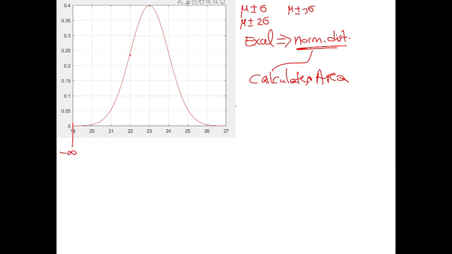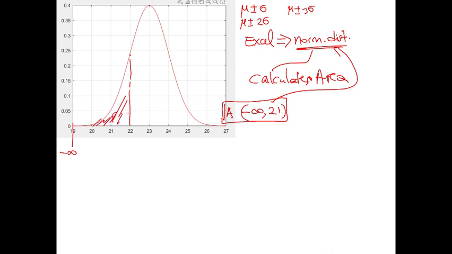If you say, for example, 21, it will calculate the area from negative infinity to 21. Or if you say 22, Excel will calculate the area from negative infinity to 22. This is how the Excel function works.